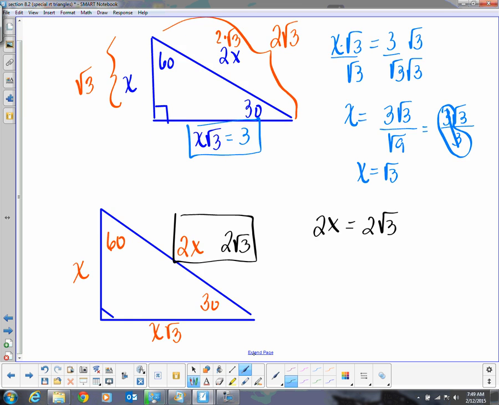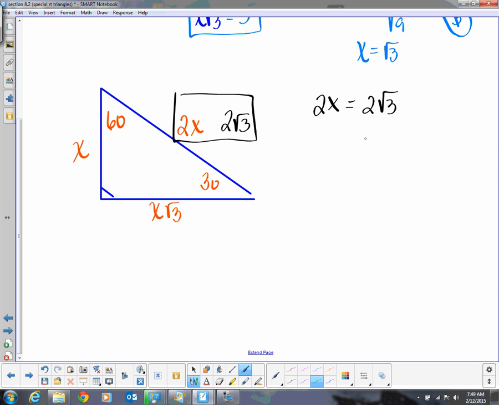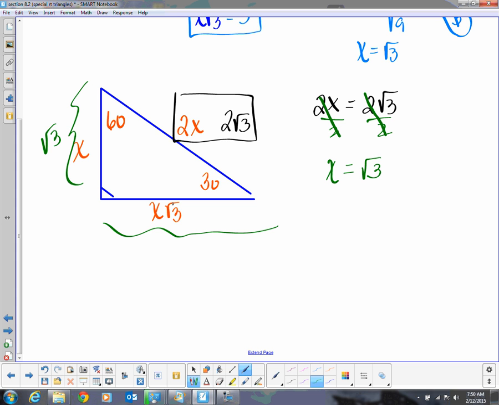Caitlin? Divide by 2. So what happens to the left side, right side, when I divide by 2? They're both outside, they simplify. So x is square root of 3, which means this side is square root of 3, and this side is going to be square root of 3 times square root of 3, which is square root of 9, which is 3.